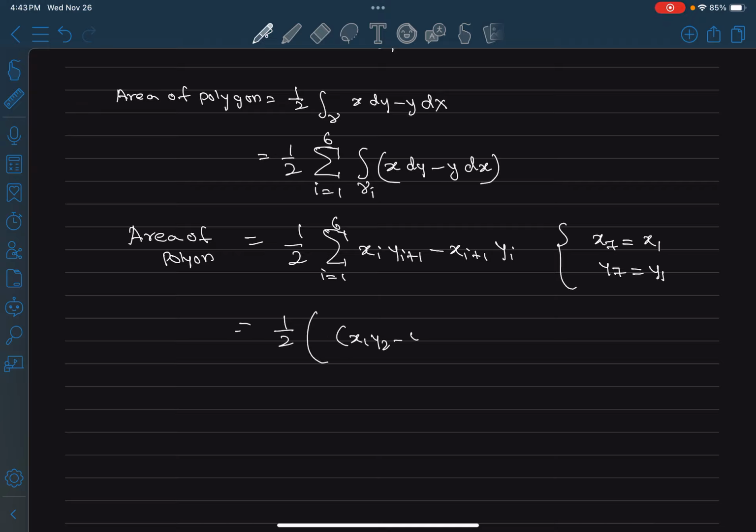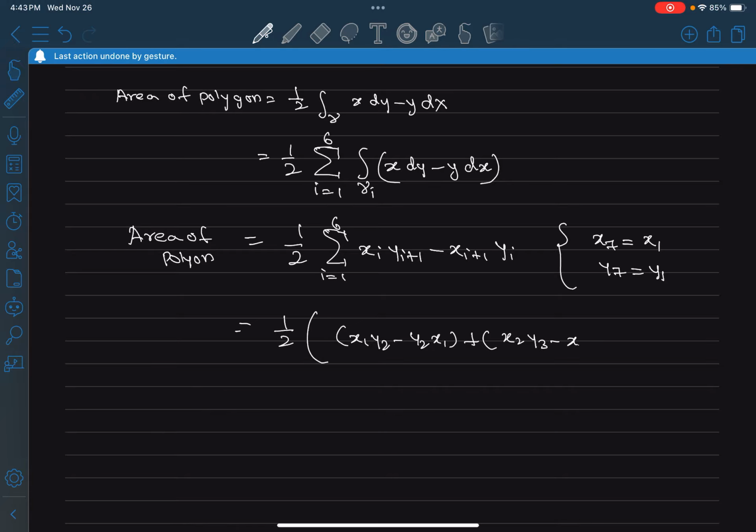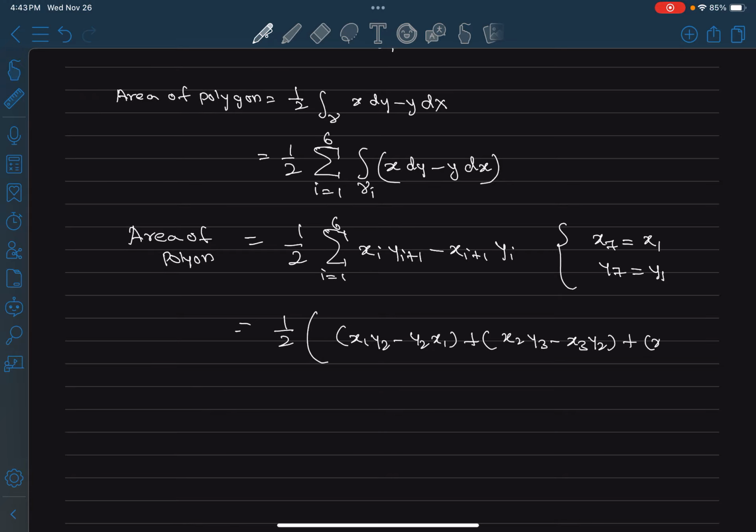So x1 y2 minus y1 x2, plus x2 y3 minus y2 x3, plus x3 y4 minus y3 x4, and so on, up to x6 y1 minus y6 x1. Sorry, I read this formula wrong, it should be y1 x2.